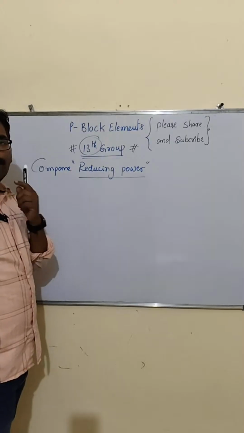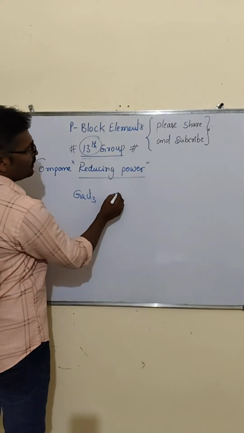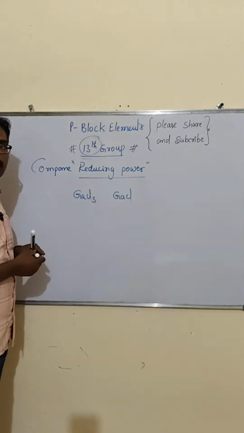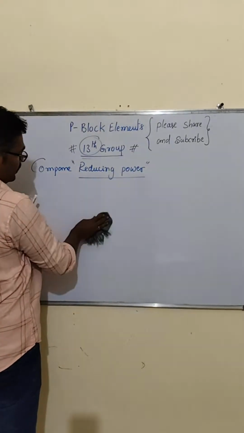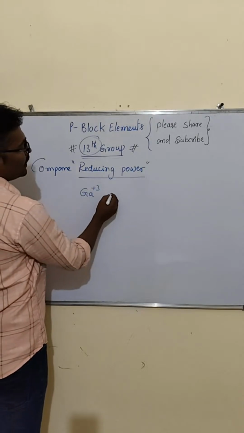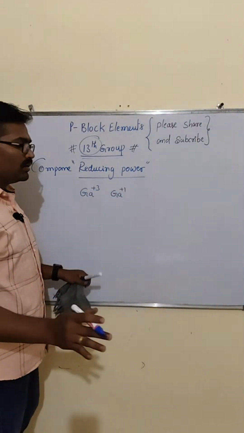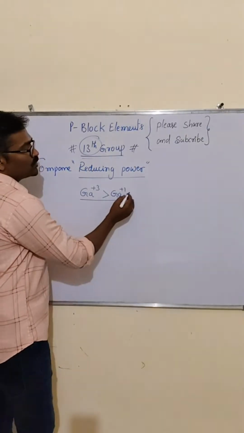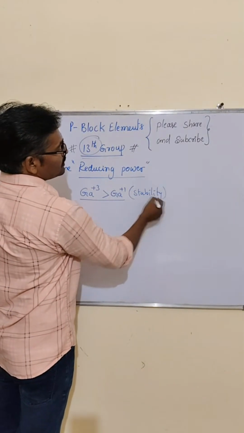If you take gallium, GaCl3 and GaCl, that is Ga+3 and Ga+1. Which is more stable? Of course, Ga+3 is more stable. This is the stability order.